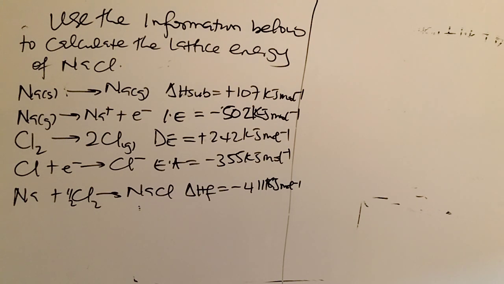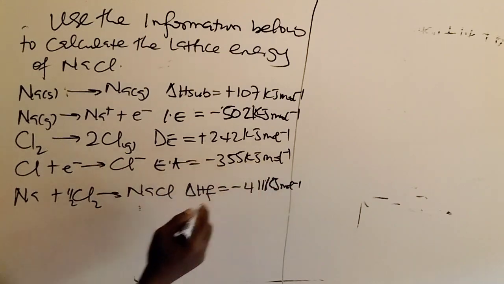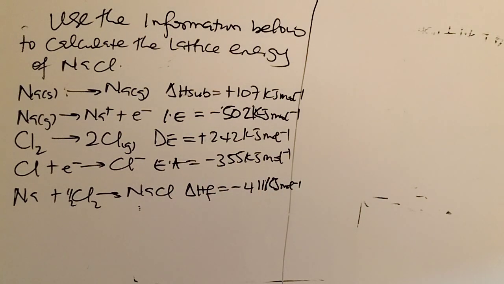Then the fourth equation is the formation of sodium chloride from its constituent elements, with the enthalpy of formation as minus 411 kilojoules per mole. We are asked to use the information to calculate the lattice energy of sodium chloride.